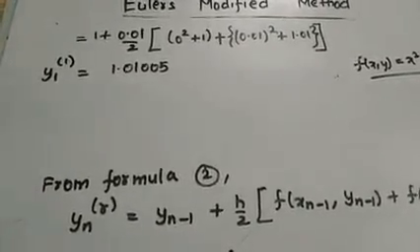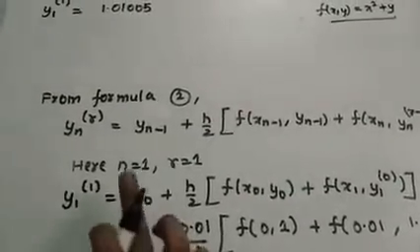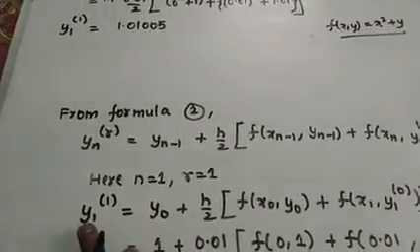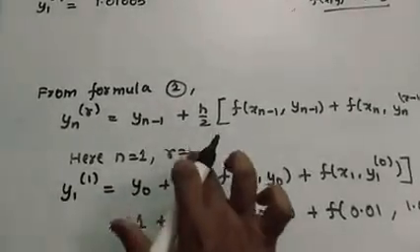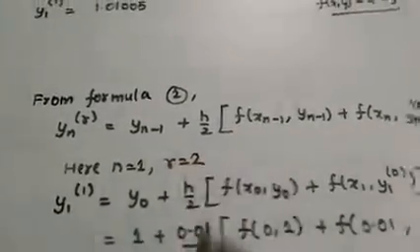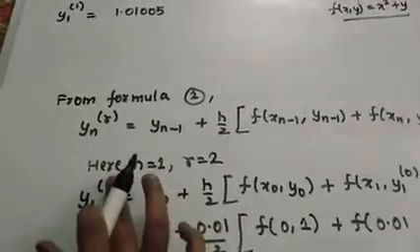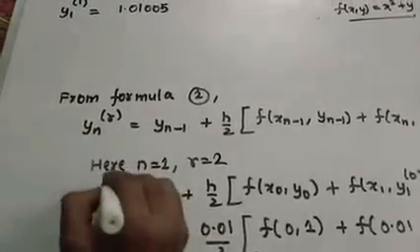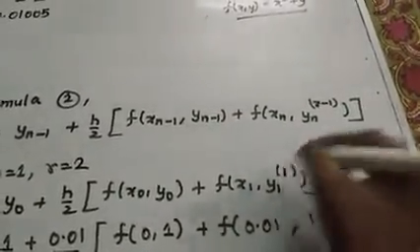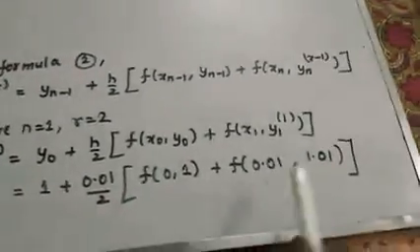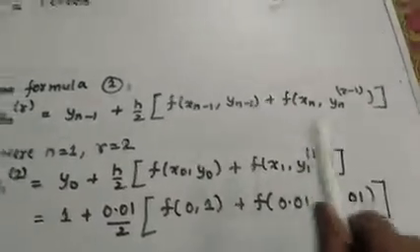Now we have to do the second modification. In the second modification, n will remain 1 because you are modifying y1, but r is going to change and it becomes 2. All the formula will remain the same, just a small change in the power, which will be 2 minus 1. All the values will be the same, just a small change in y1 of 1.